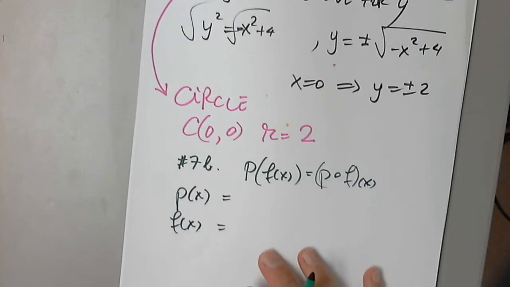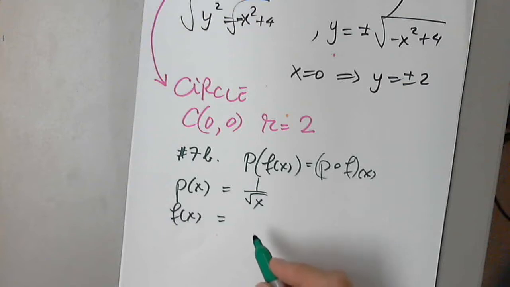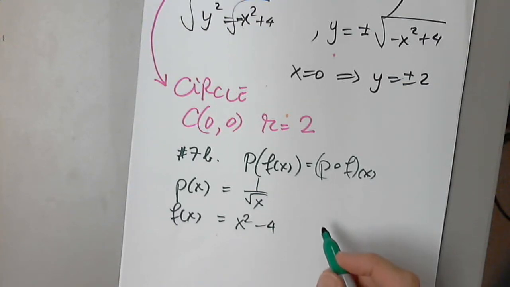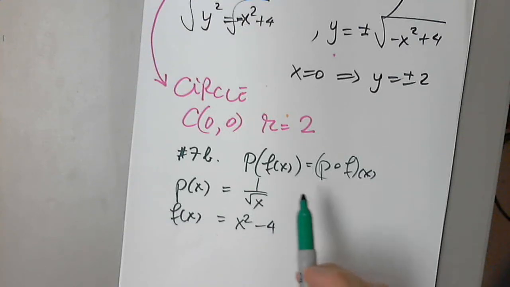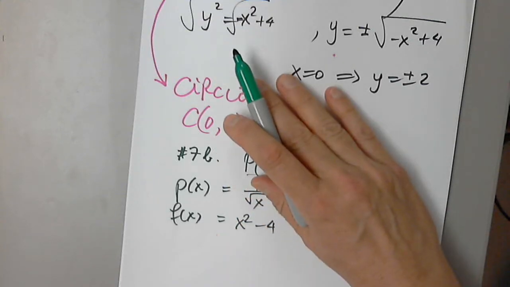I think P of x was 1 over the square root of x, and f of x was x squared minus 4. And it was asking for the domain. Okay, are we asked also to find the function or not, or just the domain? Just the domain.